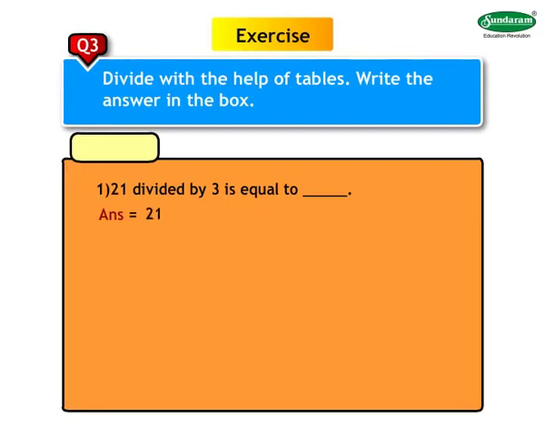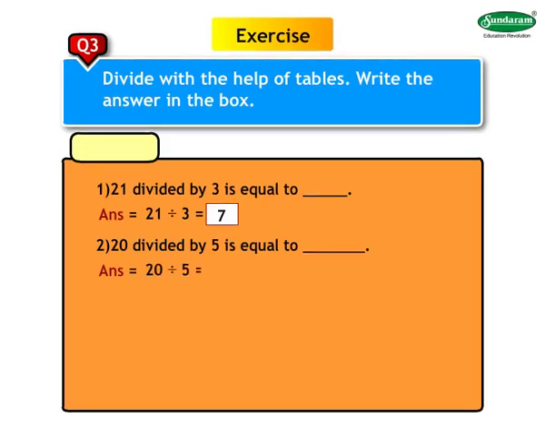Hence, 21 divided by 3 is equal to 7. 2. 20 divided by 5 is equal to dash. By using the 5 times table up to 20, we get 5 multiplied by 4 is equal to 20. Hence, 20 divided by 5 is equal to 4.